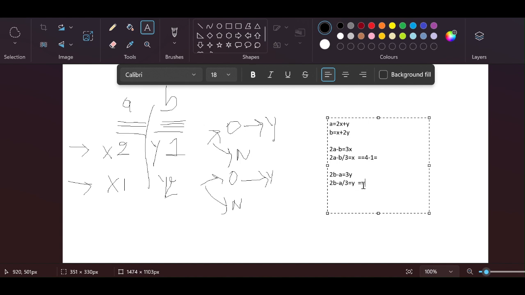So for the second condition, we have to check first 2b minus a has to be greater than or equal to 0. So that means 2 into 1 equal to 2 minus a actually equal to 3, which is less than 0. So that's why for the input 2 and 1, the result has to be 0.